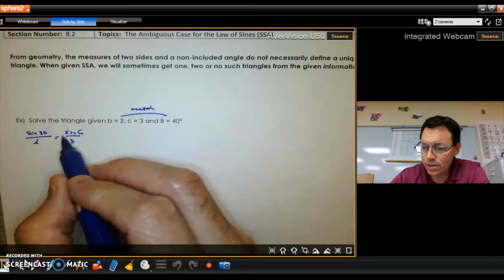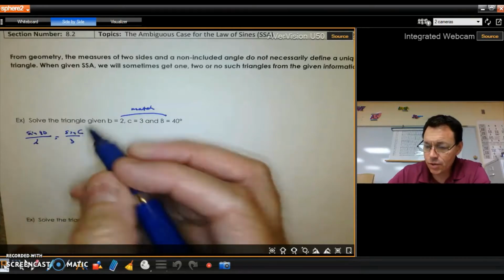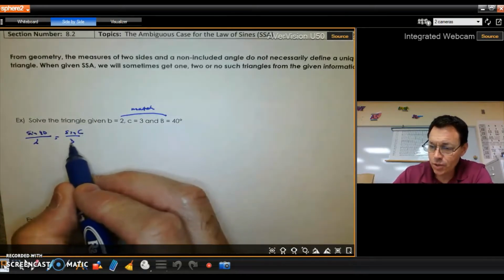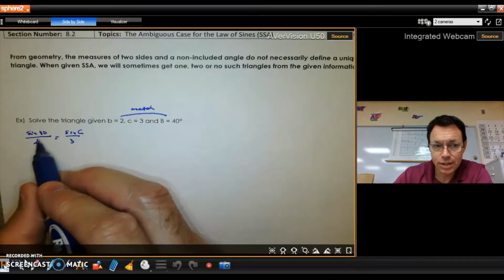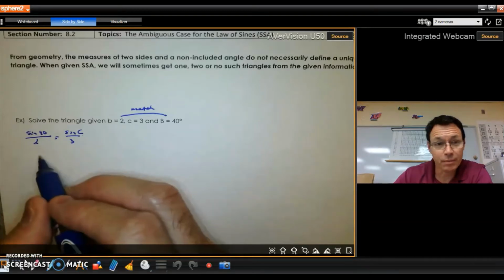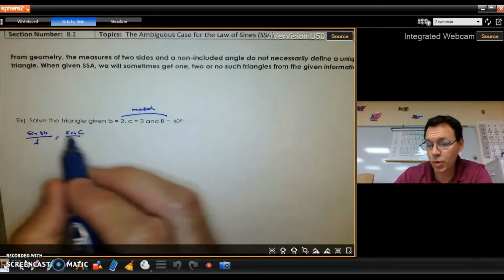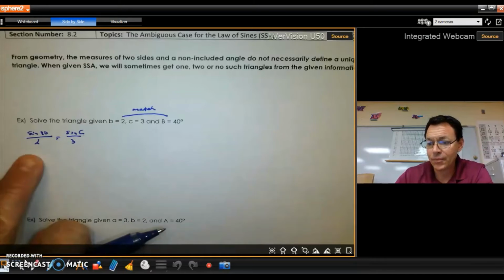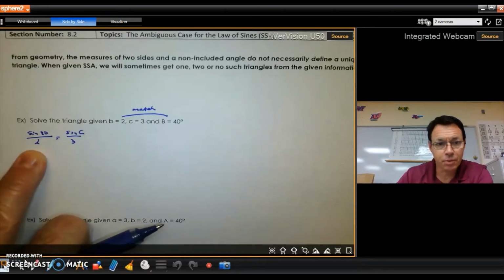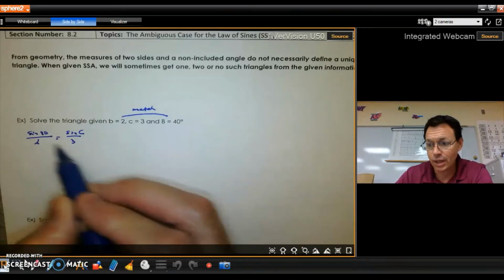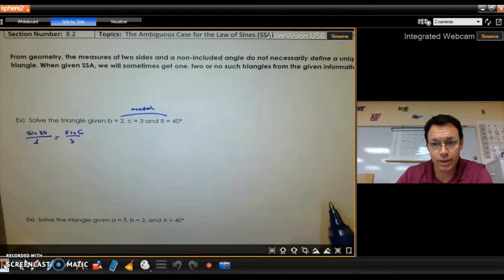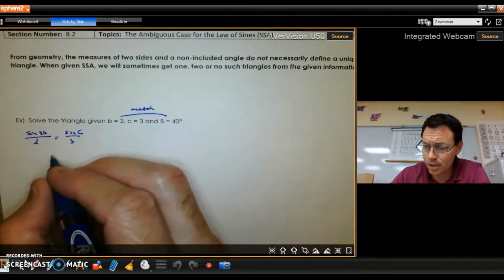If you're trying to solve for C, we need to cross multiply the 3 to the sine of 40, and then just leave that 2 where it's at, and then we'll divide by the 2. When you solve a proportion, you usually cross multiply and divide. Well, let's just leave the division part, and technically you could do that first. You could do the sine of 40 divided by 2, and then just cross multiply with the 3. So that's what I'm going to do.